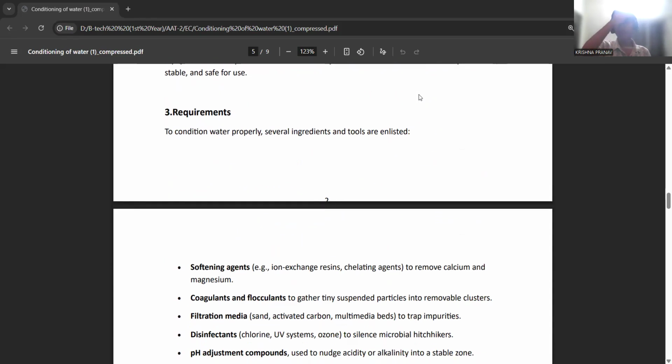Requirements. To condition water properly, several ingredients and tools are enlisted. Softening agents, ion exchange resins, chelating agents to remove calcium and magnesium, coagulants or flocculants to gather tiny suspended particles into removable clusters, filtration media, sand, activated carbon, multimedia beds to trap impurities.